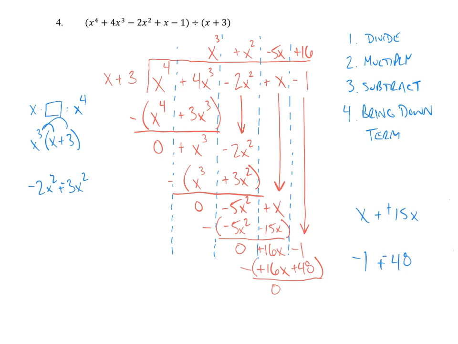So if I have a negative 1 and then another negative 48, together that adds up to negative, let me put that in red, negative 49. And because x cannot fit into negative 49, our remainder is negative 49.